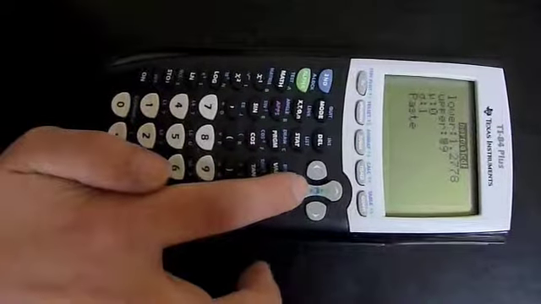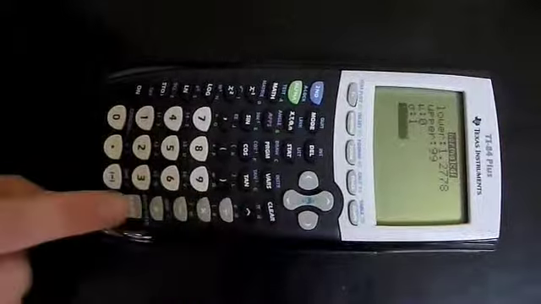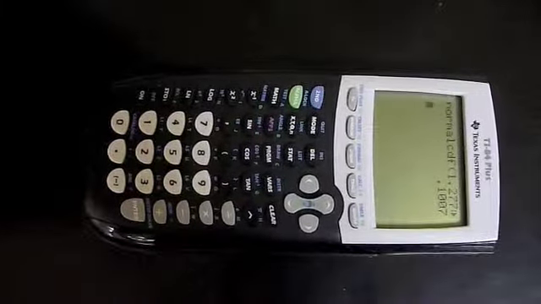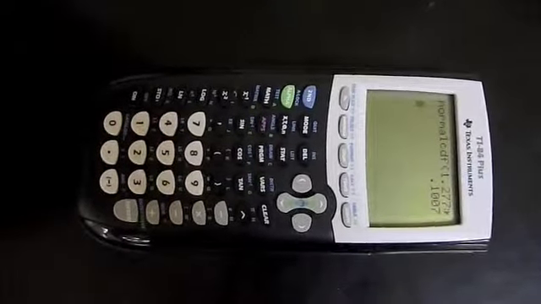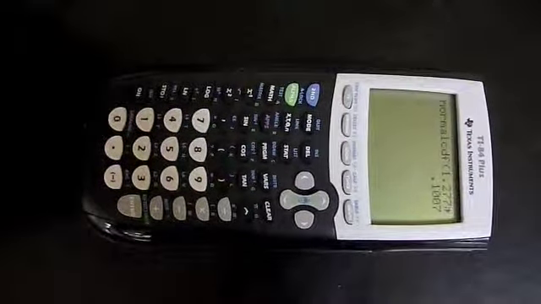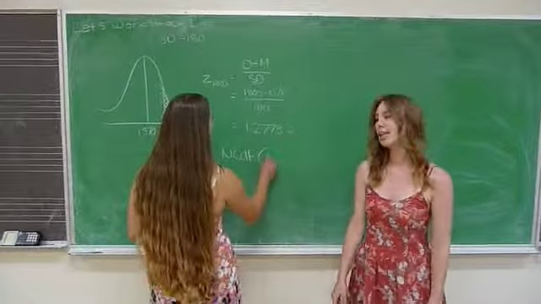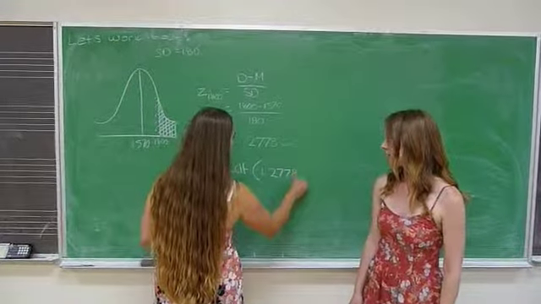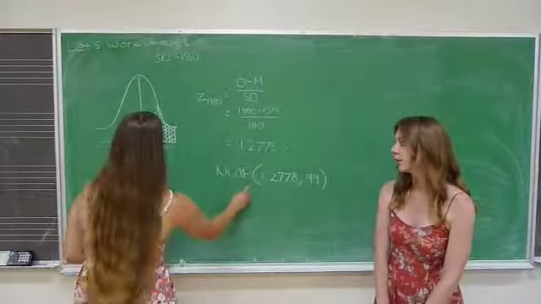Upper is 99, representing the right upper end of the normal model, and then we get 0.1007, which contextually is the probability that we will get an envelope with a score over 1800. Okay, so we just did normalcdf from 1.2778 to 99, which reflects the shaded area under our normal model.